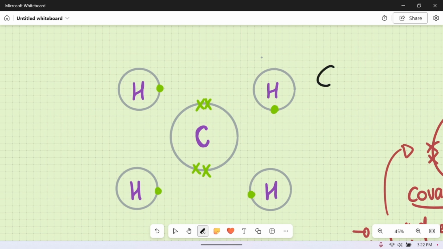C2H4. Oh, no, sorry, that's CH4. Sorry. CH4. So carbon has 4 electrons and it needs 4 more, okay? Hydrogen has 1 electron each, but they all need 1 more as well. So what can we do? We can give 1 electron and bond them each to each hydrogen that are here, okay?